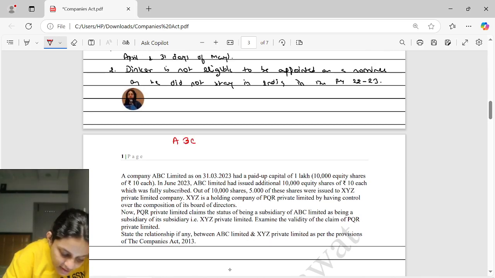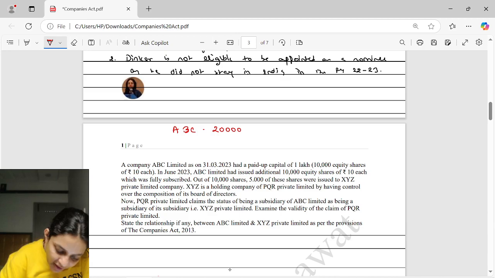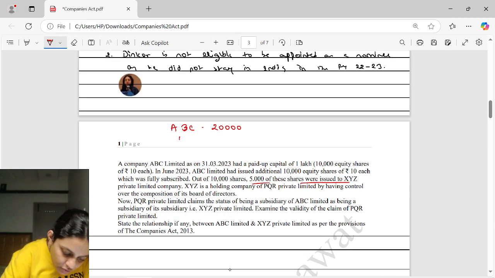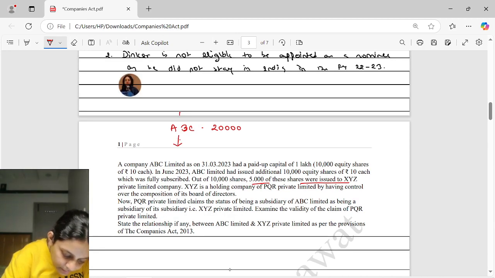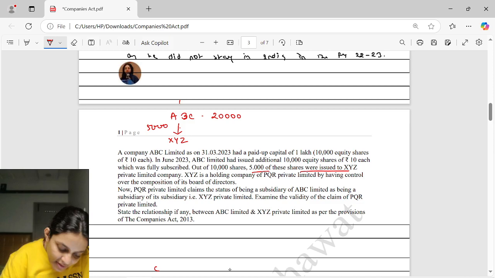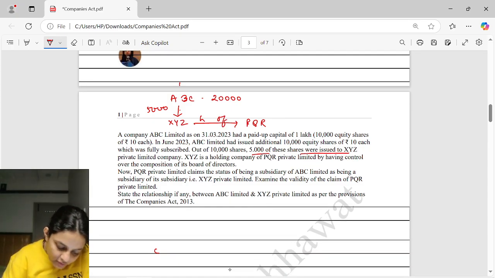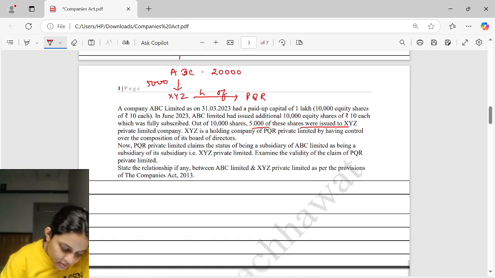Total ABC shares is how much? 20,000. Out of this, 5,000 of the shares were issued to XYZ Private Limited. XYZ is a holding of PQR by having a control over the composition of the board of directors.